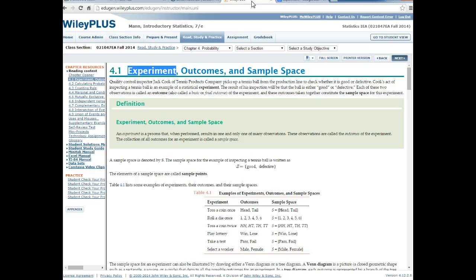It's called the sample space. And I think in our book, it's denoted with a capital S. Okay? So the sample space is just what? The set of all the outcomes.